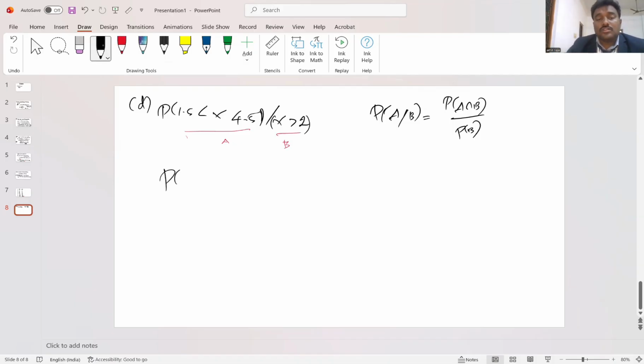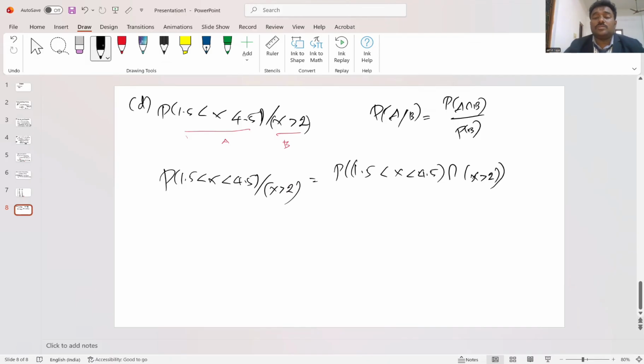So I can very well use this formula. From 1.5 to 4.5 and x greater than 2, it can be written as probability of 1.5 less than x less than 4.5, intersection x greater than 2, divided by probability of x greater than 2.